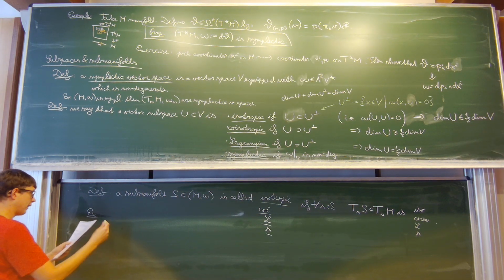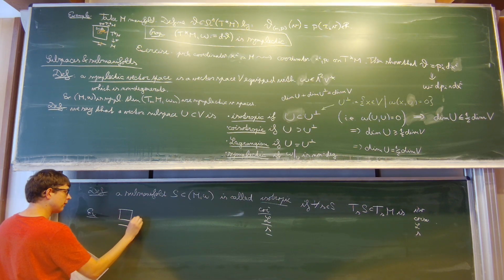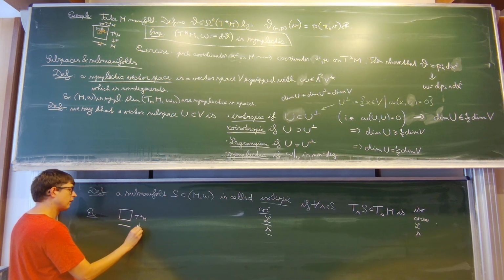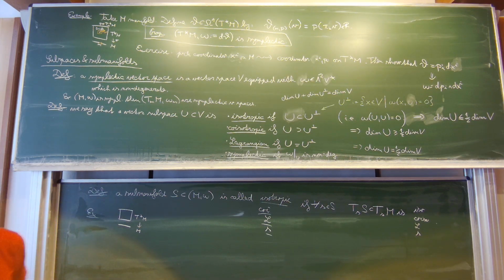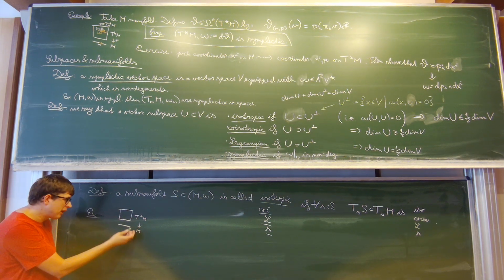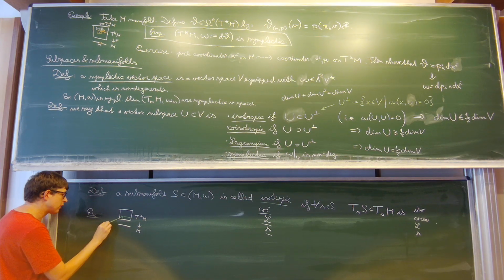So, example. If I take my cotangent bundle example, we know that the total space here is symplectic. But we also know that there is a distinguished subspace in here. Namely, we can take the 0 section.